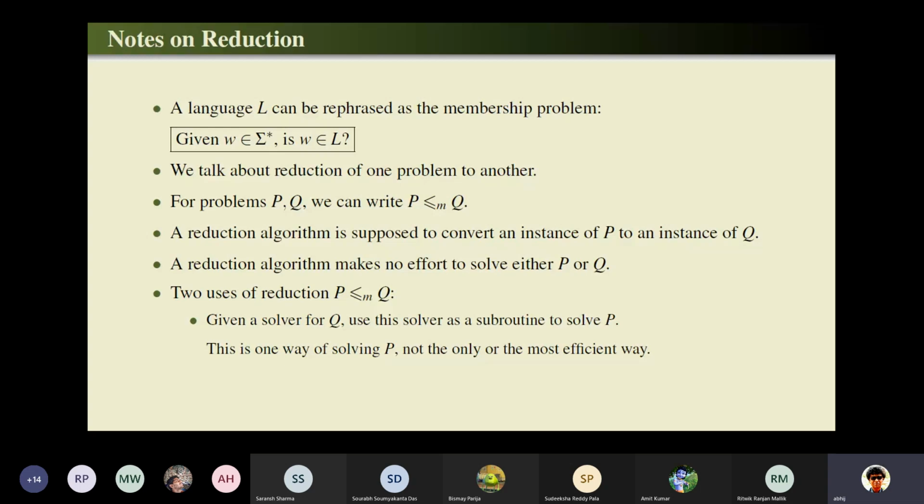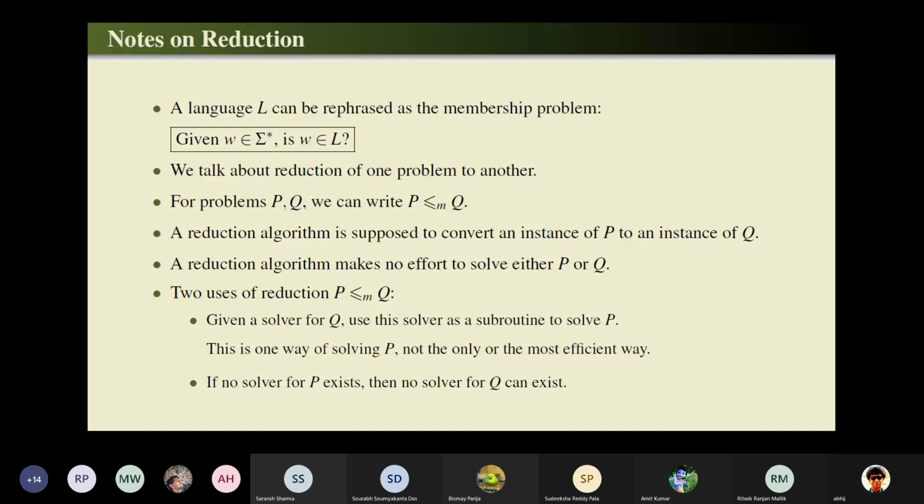And difficult here means unsolvable or undecidable. Okay. So if no solver for P exists, then no solver for Q can exist either. Okay. We will typically use reductions in this sense. P is undecidable. By a reduction to Q, we will show that Q is also undecidable. Okay.